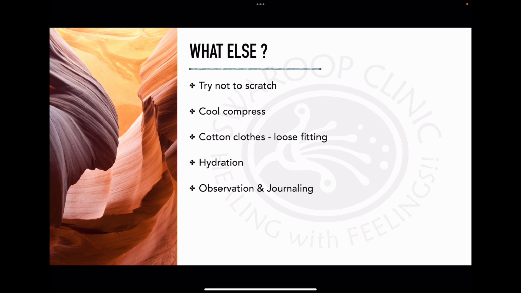What else can you suggest or do in these patients? You can ask them not to scratch, because scratching can aggravate or trigger further urticarial rash. Cool or cold compresses can be used to at least soothe or relieve the itching. Loose fitting cotton clothes can be advised, because tight fitting friction can be one of the most triggering factors for urticaria.